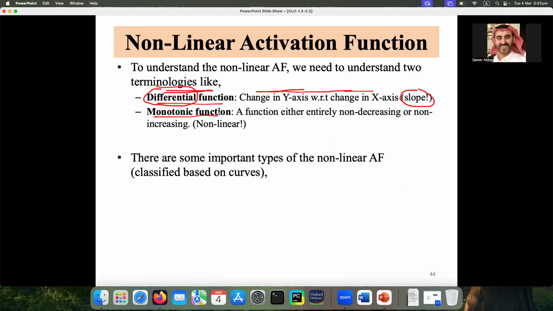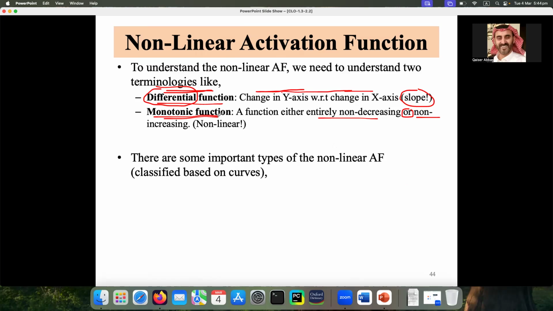Similarly, monotonic function. What is this? If you plot the function in the form of a graph, and you see it is entirely non-decreasing or entirely non-increasing, then it would be a monotonic function.